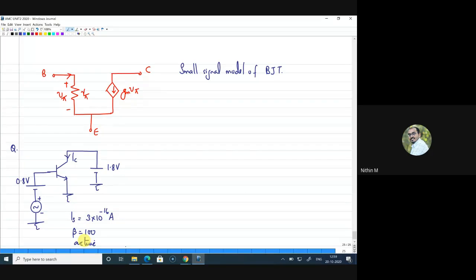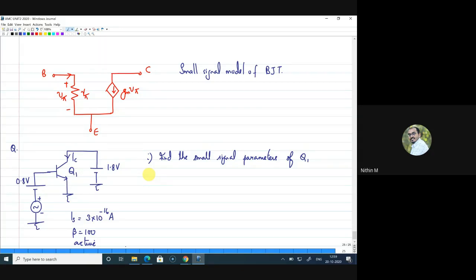Now the question is, find the small signal parameters of the transistor. Say I call this transistor Q1. That is your first question.